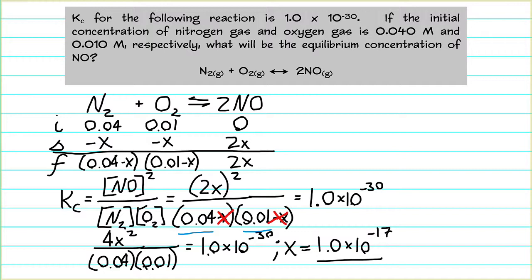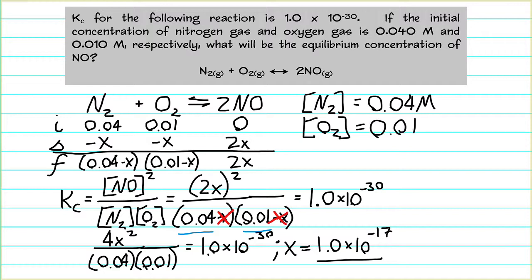So when we started out, we said that the concentration of N2 was going to be equal to 0.04 molar. And we said the concentration of oxygen was going to be equal to 0.01 molar, and those are going to remain essentially unchanged.